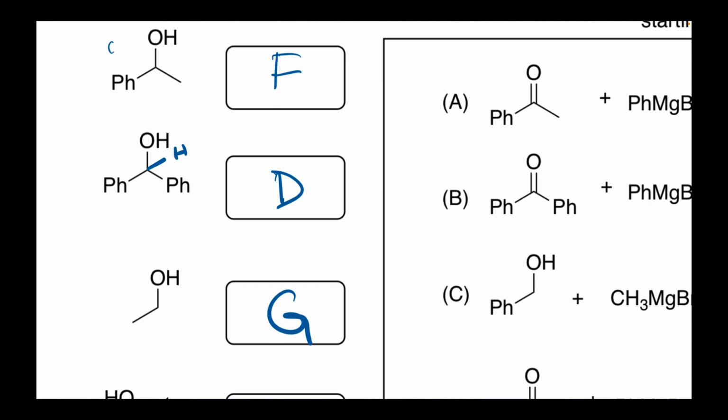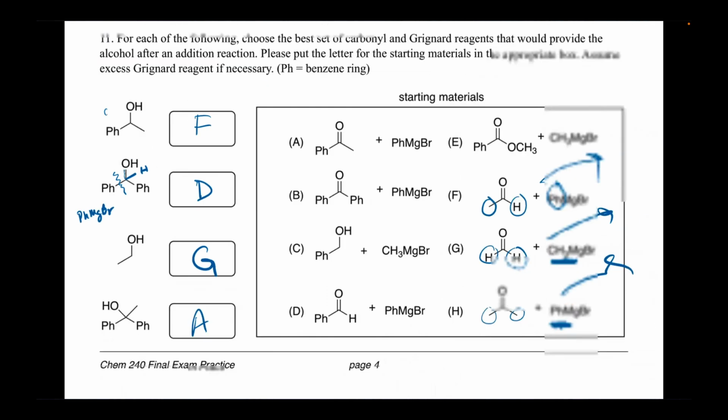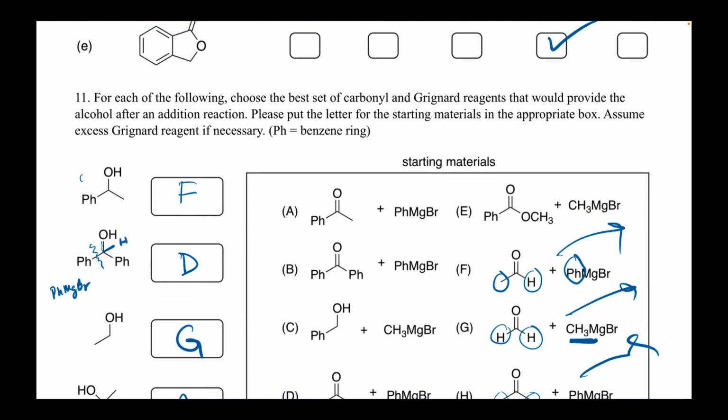And something with a carbon is something you're adding with a Grignard reagent. And so if you're going to add a phenyl group as the Grignard reagent, as the nucleophile, that means you have to have a CO double bond that has a hydrogen and a phenyl on it already. Okay, good.